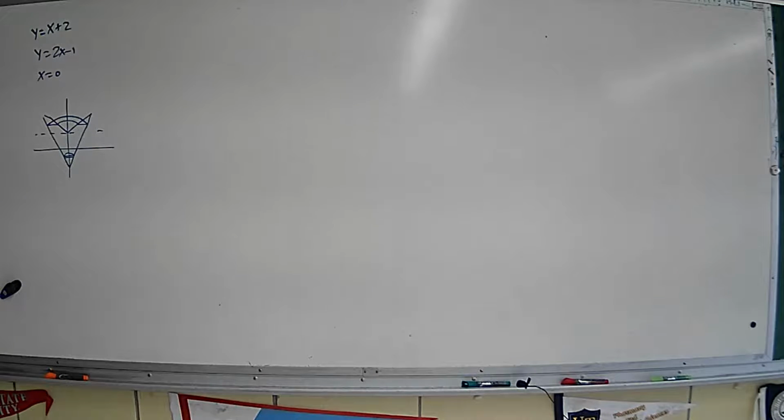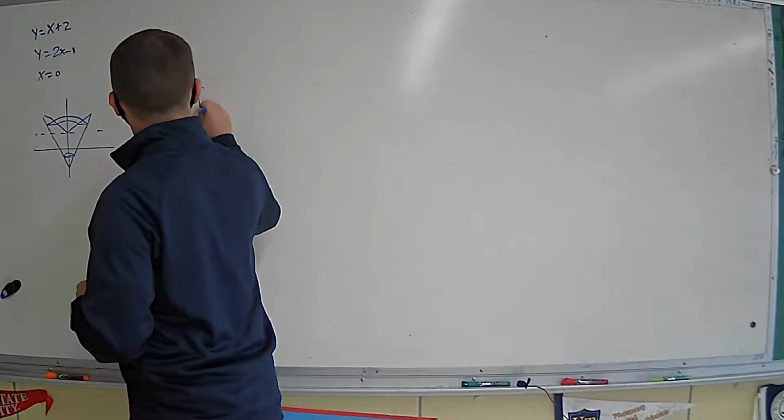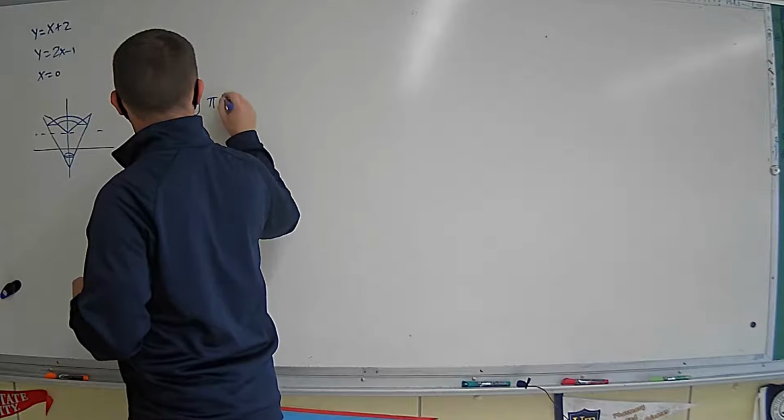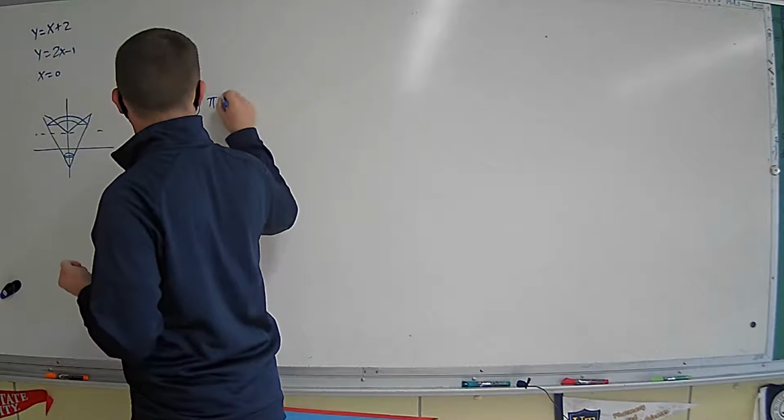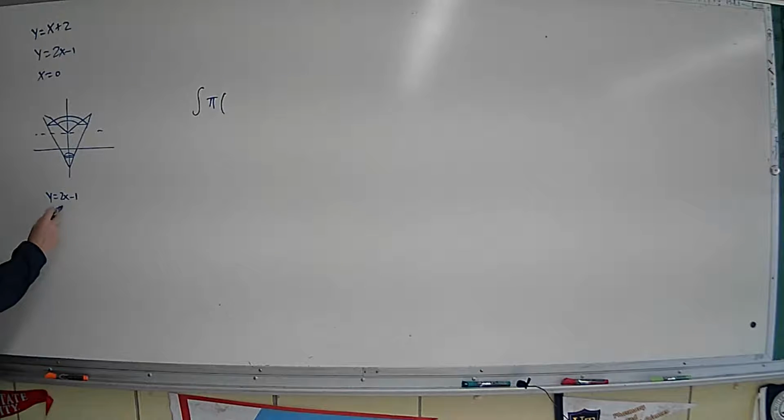So my lower chunk, which is basically just a cone, was this, pi r squared, where r is basically this distance right here on the curve 2x minus 1. So y equals 2x minus 1. That's the x distance there, the horizontal distance.